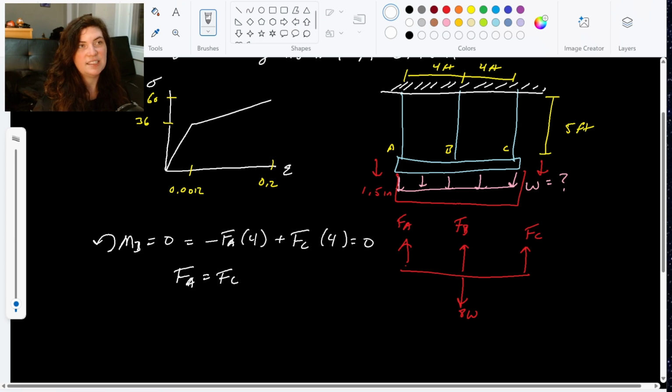right? And by that same token, since our displacements are the same for everything, every bar has the same cross-sectional area, it's the same material, same modulus of elasticity. For all these reasons, we can also say that not only does FA equal FC, but it also equals FB. Right?